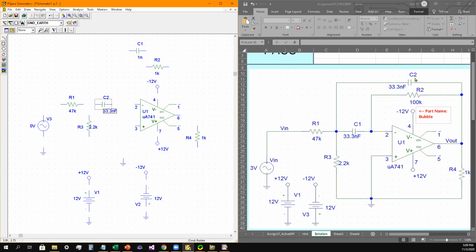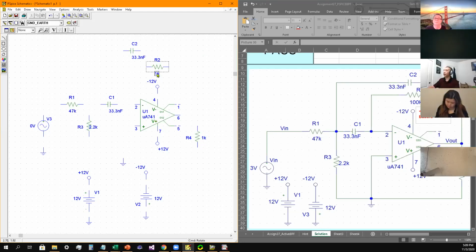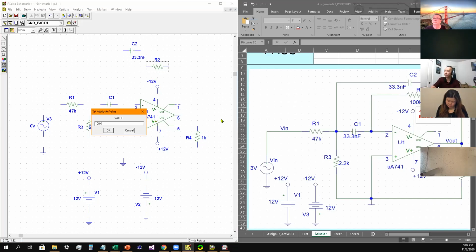I put C1 over here, so let me move that C2 on top and C1 down here. C2 is going over there, and this one is also 33.3 nanofarad. And then R2 is 100K.